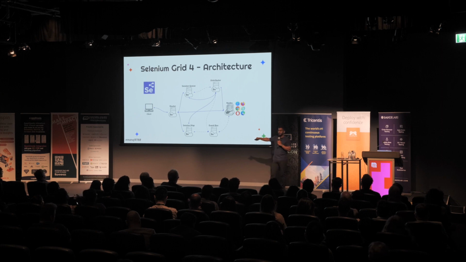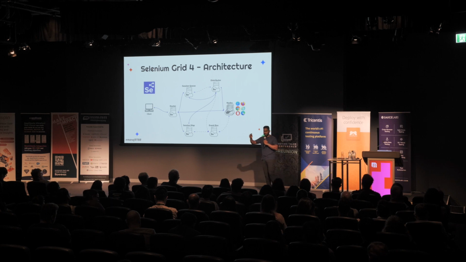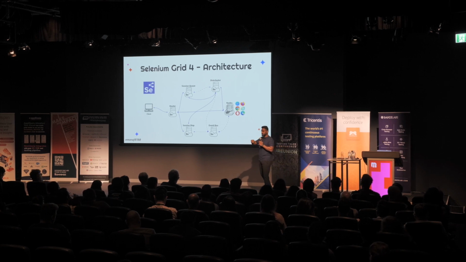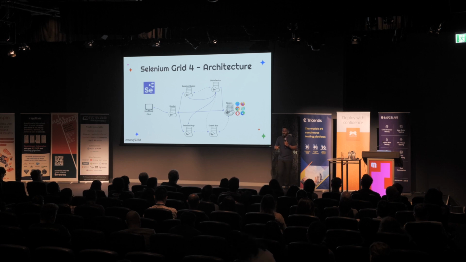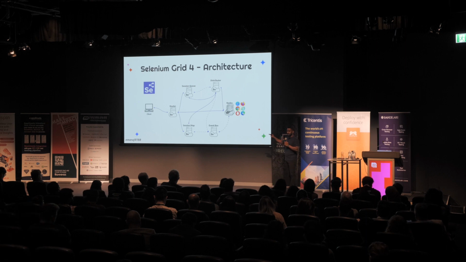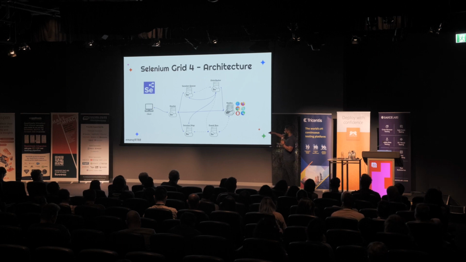So all the communication between the Selenium Grid 4 components is through a socket-based connection. It's like messages. If you know event-driven architecture, and if you've heard about a message bus, that's essentially what the event bus does. So it's much faster. Even though there are multiple components, it might look like there are multiple hops, but that's not essentially the case. Selenium Grid 4 is faster than ever.